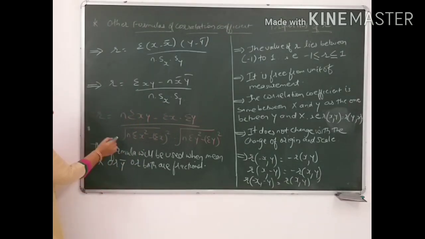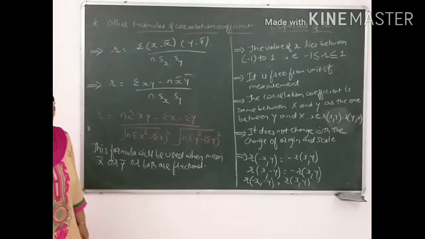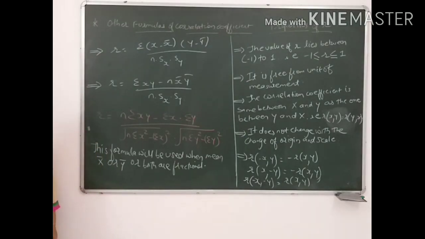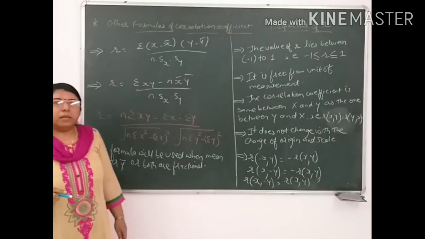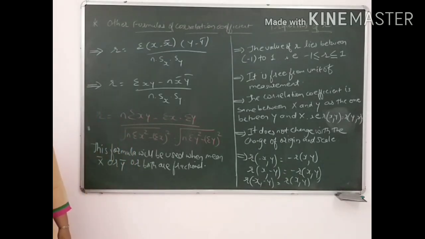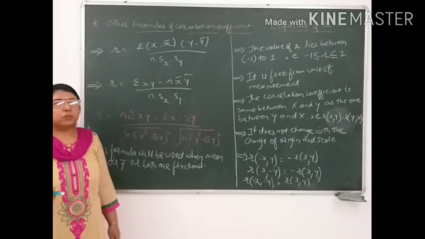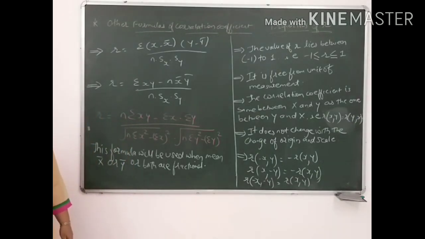Now the second important formula, which we have already studied: when the values of x bar and y bar are integers, then in that case we have to apply the formula sigma x minus x bar, y minus y bar, upon under root of sigma x minus x bar whole square into under root of sigma y minus y bar whole square.